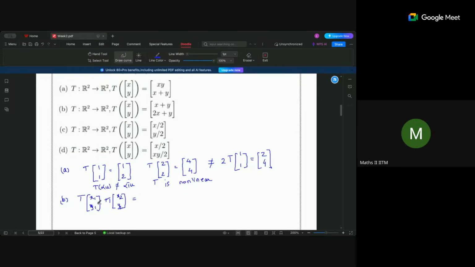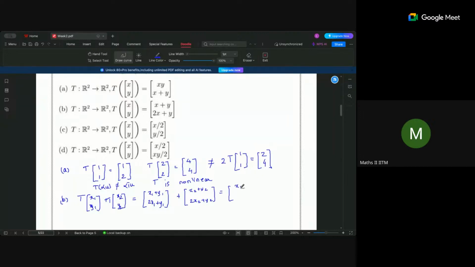So what is T of x1, y1? x1 plus y1, 2x1 plus y1. And same way, what is T of x2, y2? x2 plus y2, 2x2 plus y2.